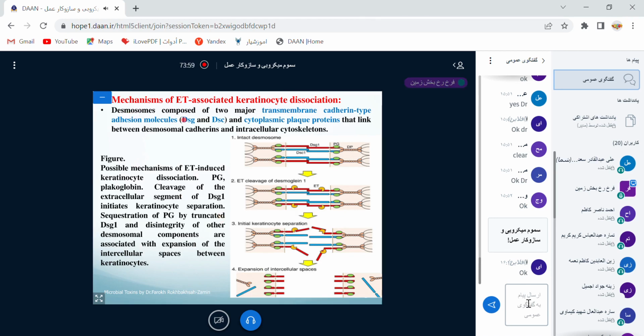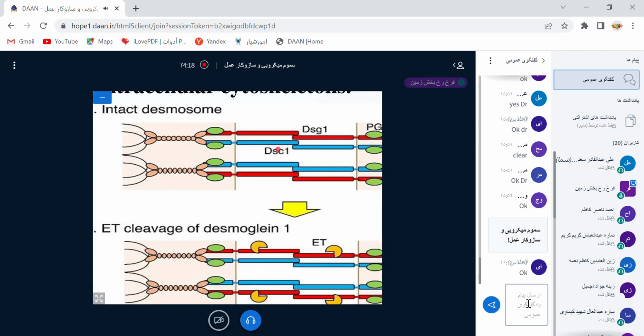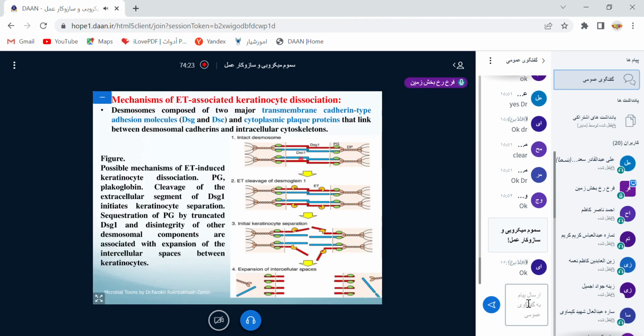Desmosomes are composed of 2 major transmembrane cadherin-type adhesion molecules, red and blue. One is DSG and the other is DSC. DSG is red, DSC is blue. And cytoplasmic plaque proteins.